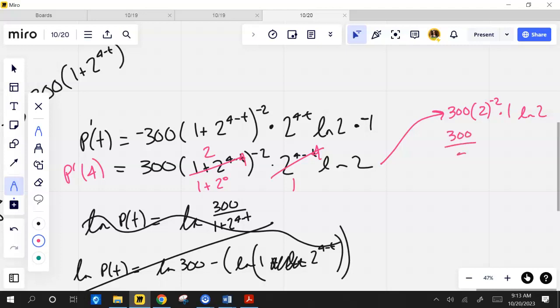This is going to be 300 over 4 times log 2, and I need to get an approximation on my calculator with this. I got 51.98. So I'm going to say about 52 students per day. This one was tough, but it was fun.